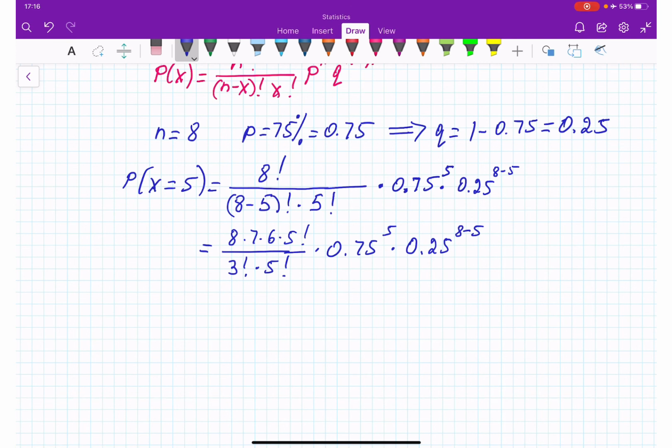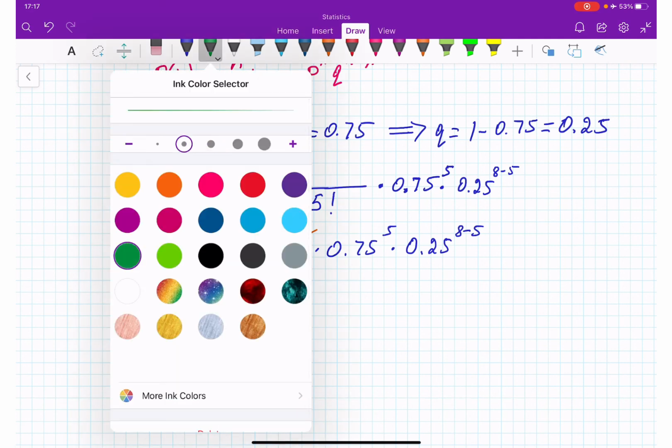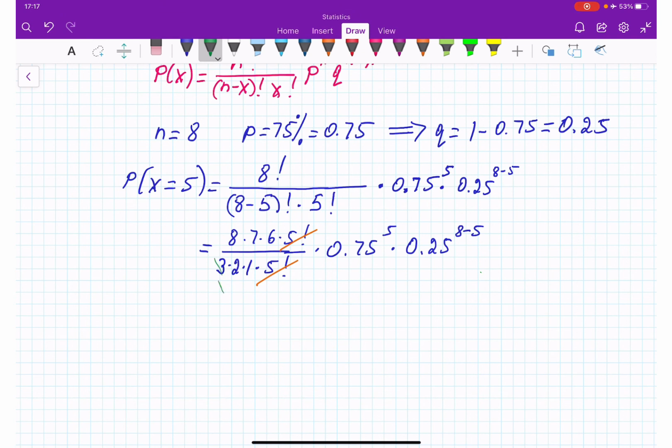So this 5 factorial, 5 factorial is gone. This 3 factorial, let me open it, it's going to be 3 times 2 times 1. I can reduce 6 and 3, this is 1. This is going to be 2. And then these 2 I can cancel with this 2. And what do I have here?